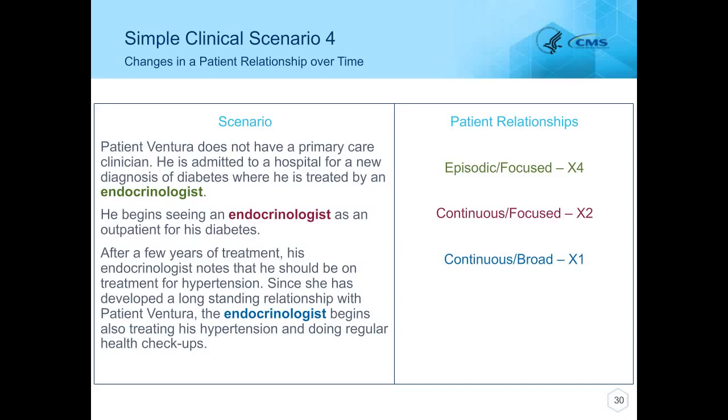The endocrinologist starts treating other conditions that the patient has, such as hypertension, and starts doing broad-based care. So it's a continuous relationship, but now we've introduced the broad relationship as well. So the last mention of the endocrinologist in light blue would be continuous broad, or an X1 category. Next slide.